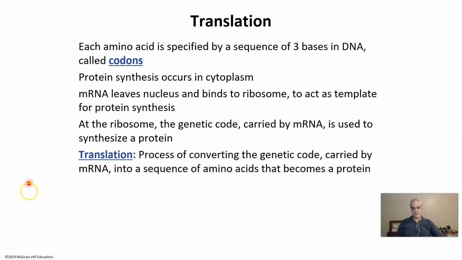Now, I'm gonna back up for a moment. I'm gonna describe this, but we're gonna back it up then. Each amino acid is specified by a sequence of 3 bases. I already told you that, right? A sequence of 3 bases on DNA codes for a particular amino acid on the protein or on the polypeptide. Great. That 3-base pair, that triplet code, is called a codon.